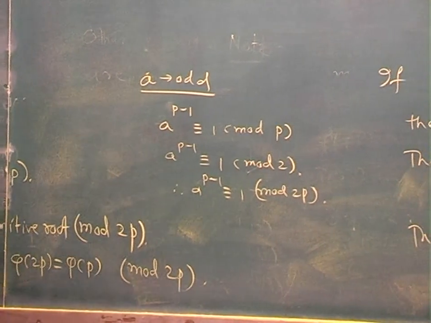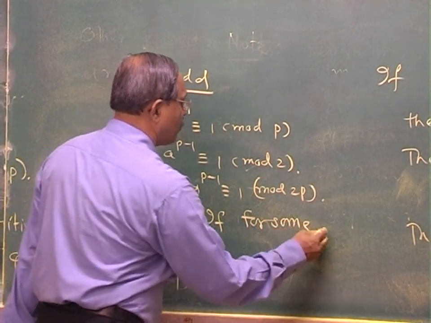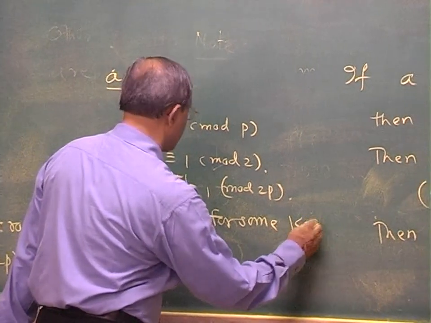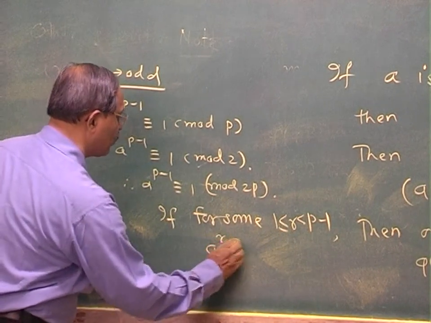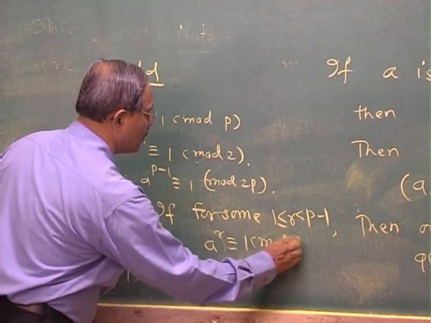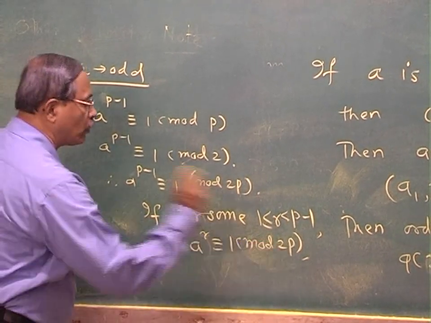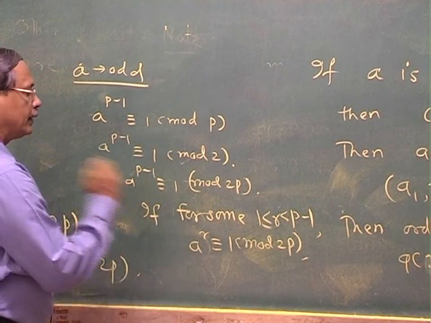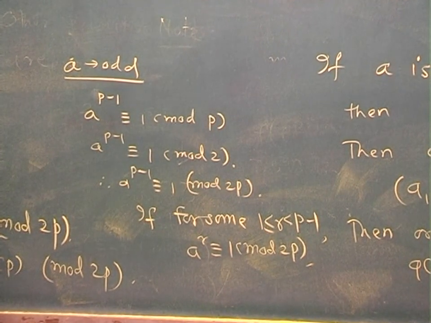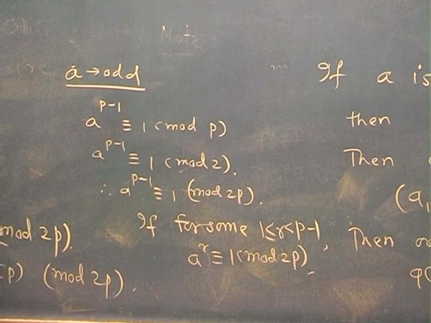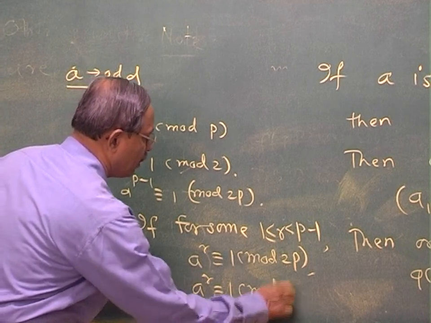Because if for some smaller power, for some r with 1 less than or equal to r less than p minus 1, it happens that A raised to r is congruent to 1 mod 2p, then A raised to r is congruent to 1 mod p also, and then that is not possible because the order of A mod p is actually p minus 1. So this is not possible. A raised to r congruent to 1 mod p, this is a contradiction.